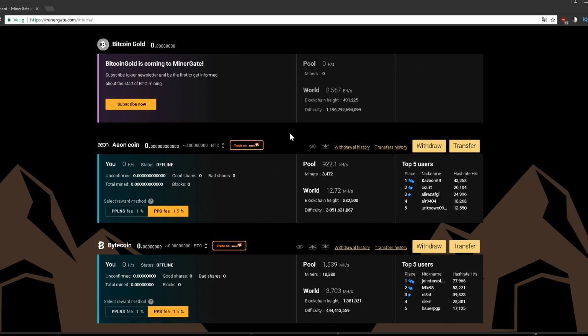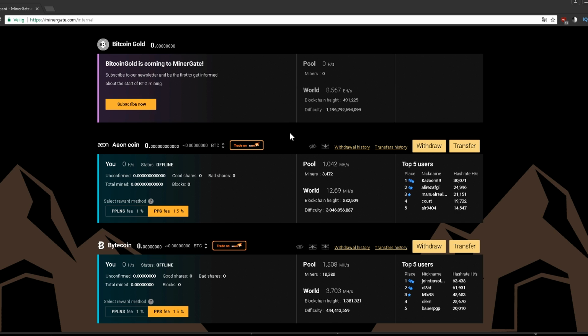Another example is you're mining on a laptop sitting somewhere in the desert, and you have a really crappy Wi-Fi connection, and you're getting invalid shares. That is because your internet is not really healthy.